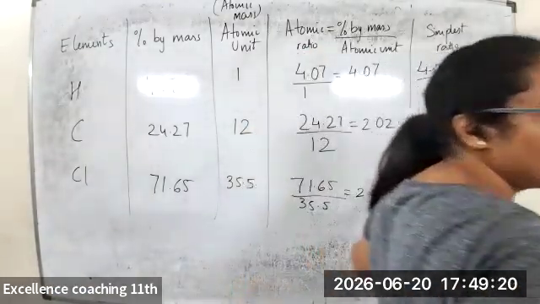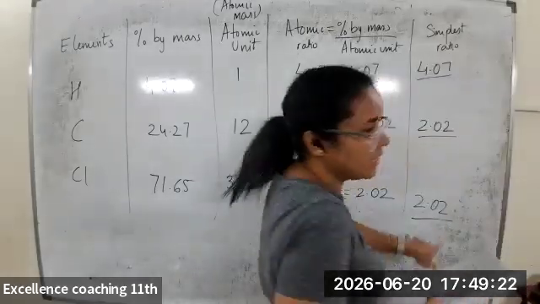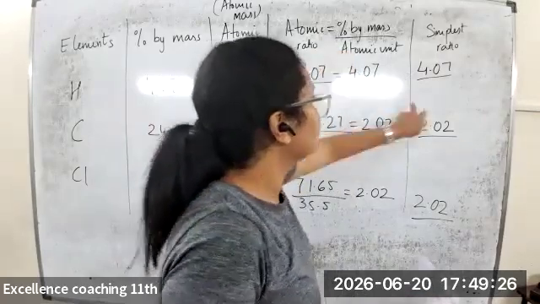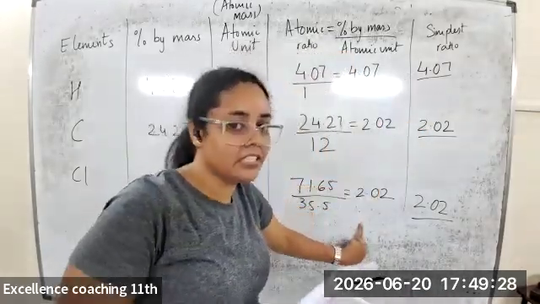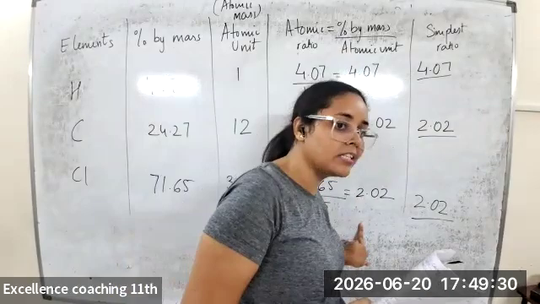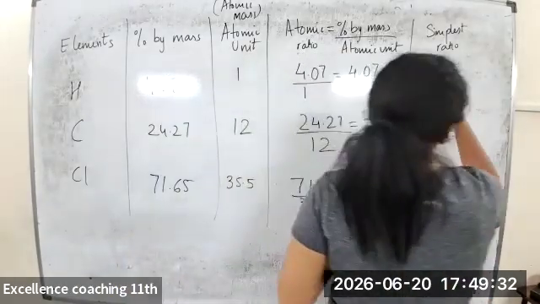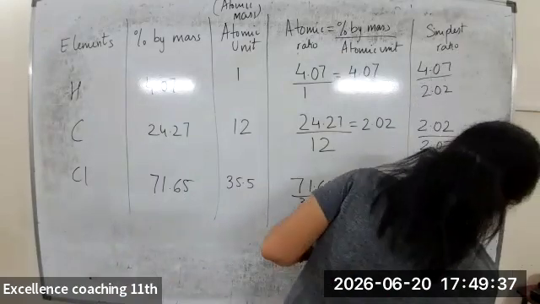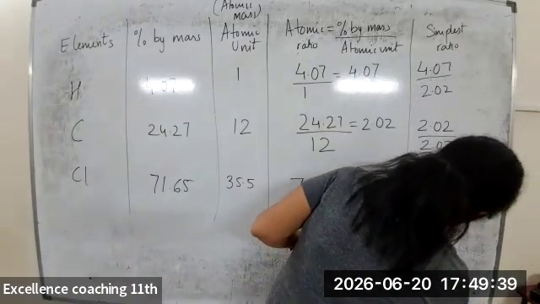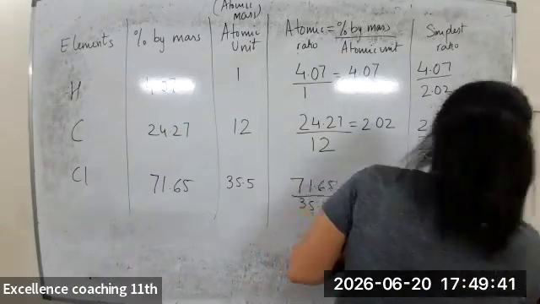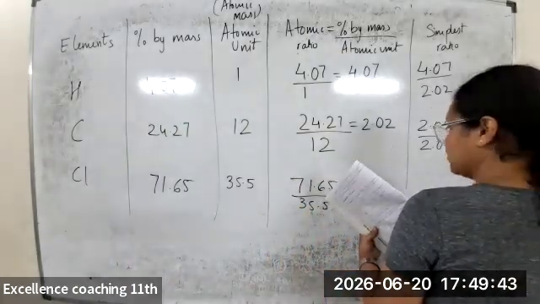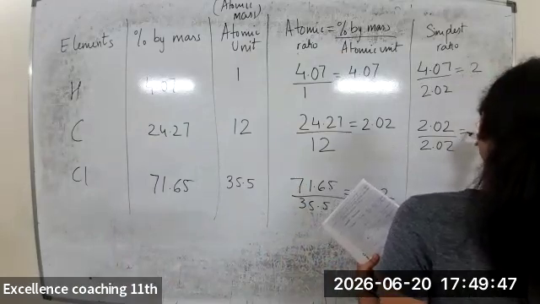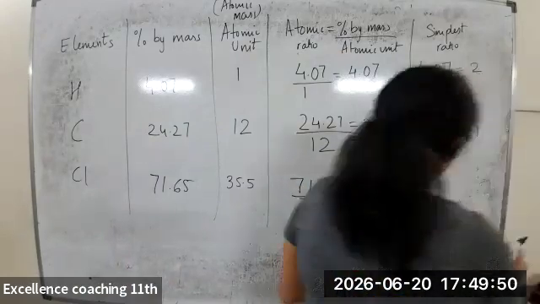In this case, which is the least? 2.02. Divide 2.02 by 2.02, here also 2.02, here also 2.02. The answer will be here 1, this will be 2, this will be 1.